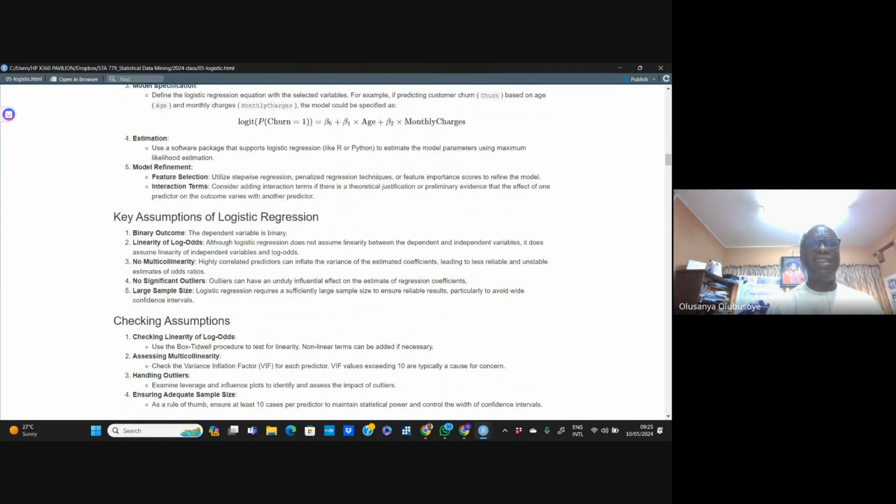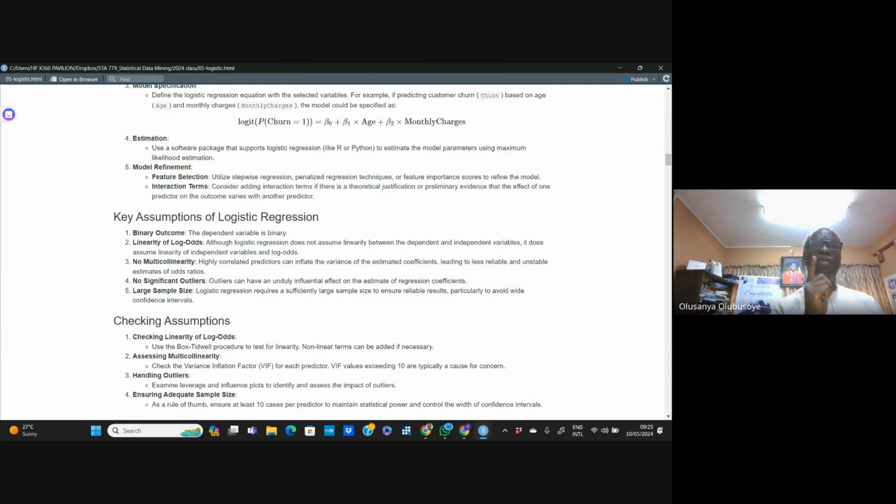So what are the key assumptions of logistic regression? One basic assumption is the binary outcome. The dependent variable is binary. That assumption must be satisfied. Two, linearity of the log odds, which is the logit.